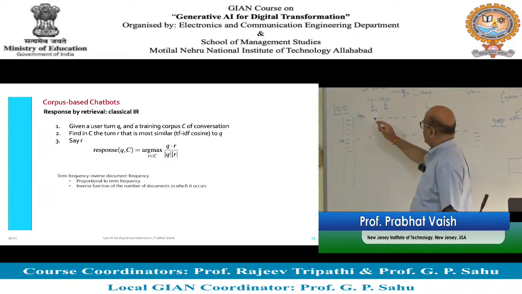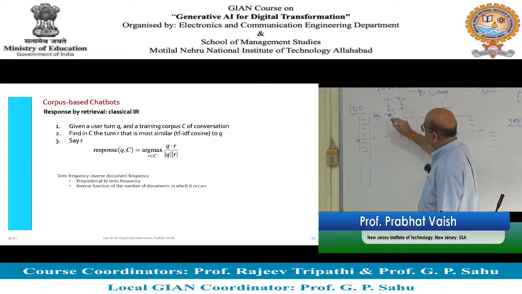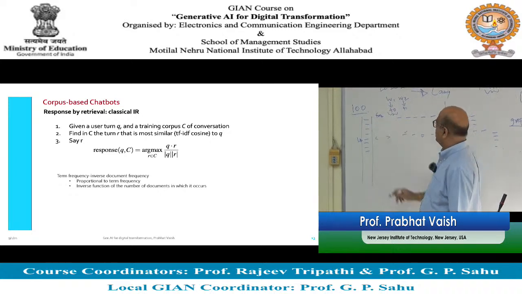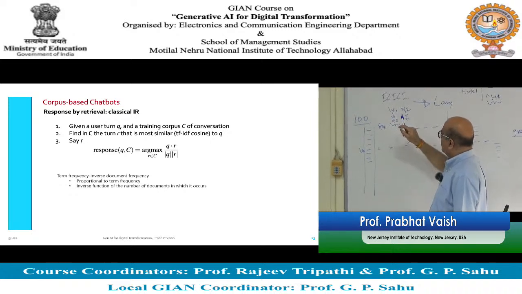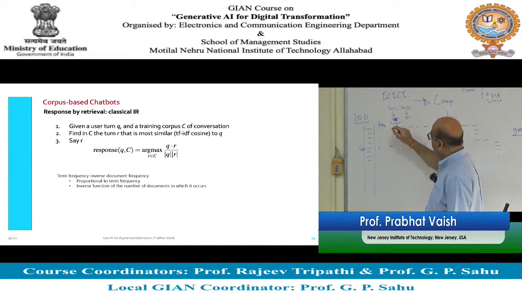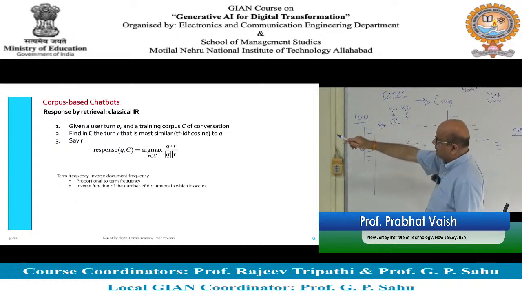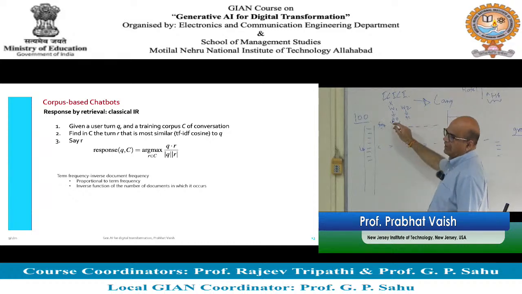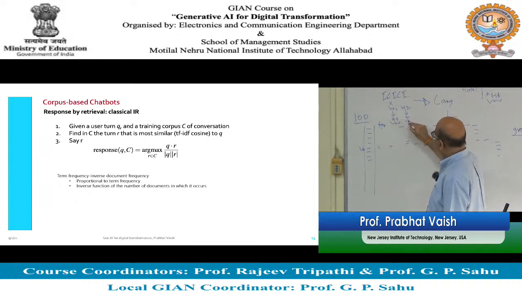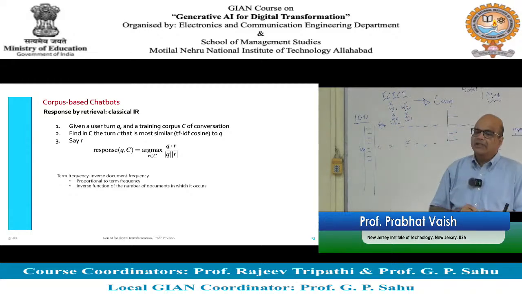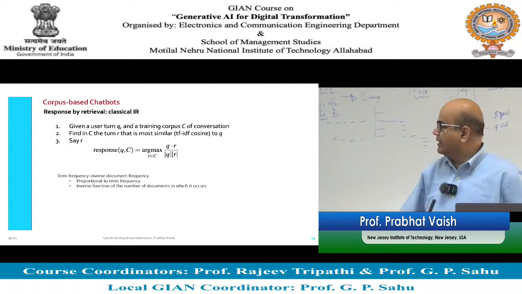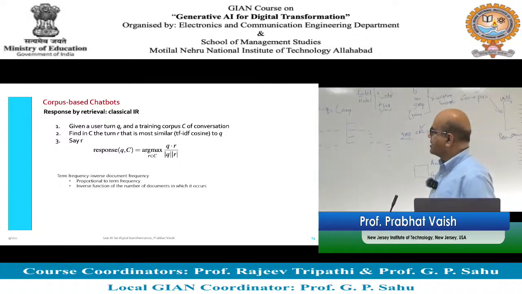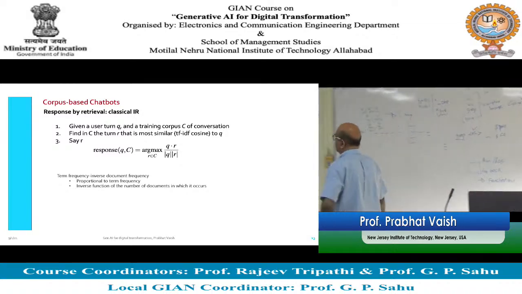What this particular cosine similarity principle says is that the word which has a lot of occurrence in terms of document frequency is probably less relevant because there are too many of them. The one which has fewer is more relevant, so it's going to give higher weightage to this. Now, how does it calculate that? That's basically the cosine similarity, and the next slide will explain in a little more detail.